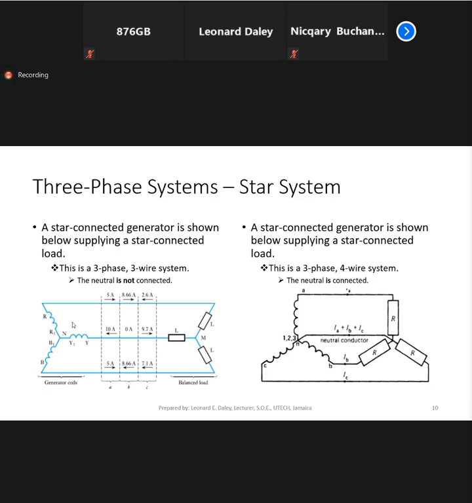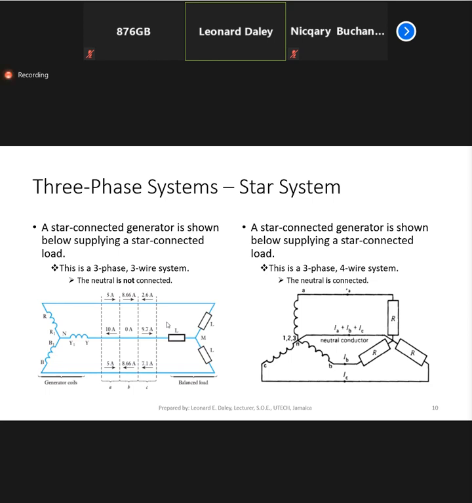Normally 4 wires are connected to the star configuration. So this is pointing out that you can have either a three-phase, three-wire star system, or, if you look on the right, a three-phase, four-wire system. We are used to the three-phase, four-wire system, but you can have three-phase, three-wire star systems also.